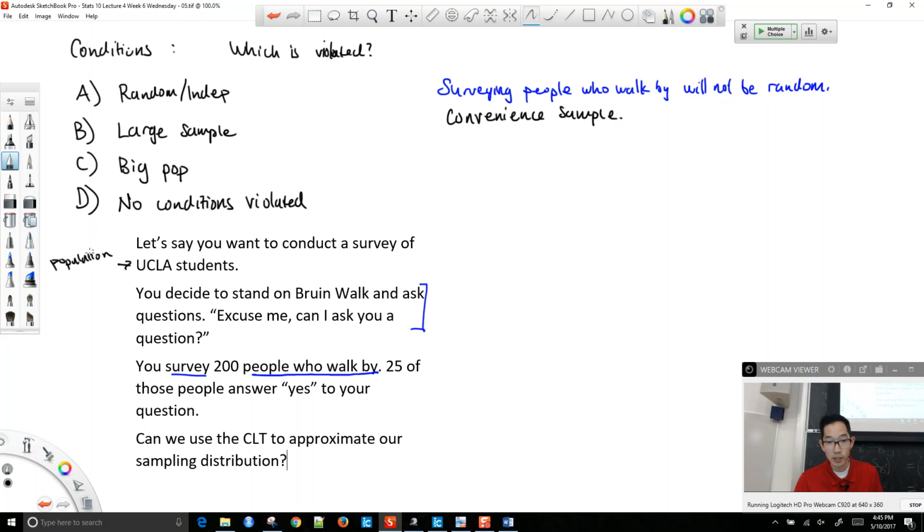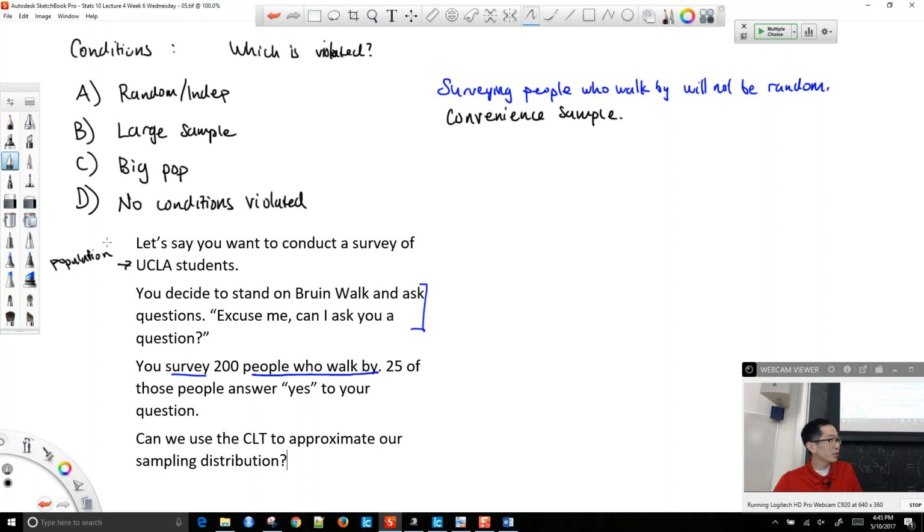And not every UCLA student goes on Bruin Walk. Now, a lot of them do, but depending on the time of day you're on Bruin Walk, you might get more people who have morning classes, or people who have afternoon classes, or depending on the day of the week, people who are Tuesday, Thursday, or people who are Monday, Wednesday, Friday.